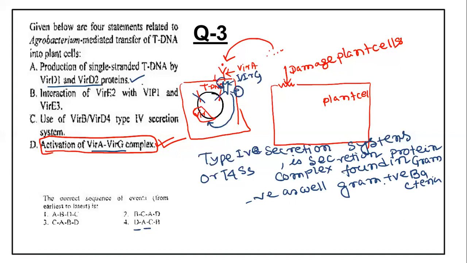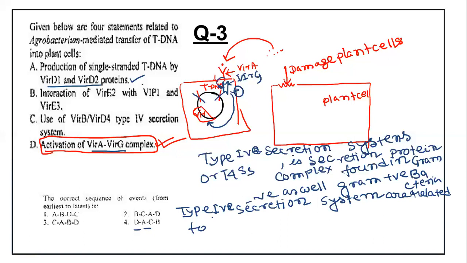Now the type 4 secretion system is, in most cases, related to the conjugation machinery and DNA exchange.